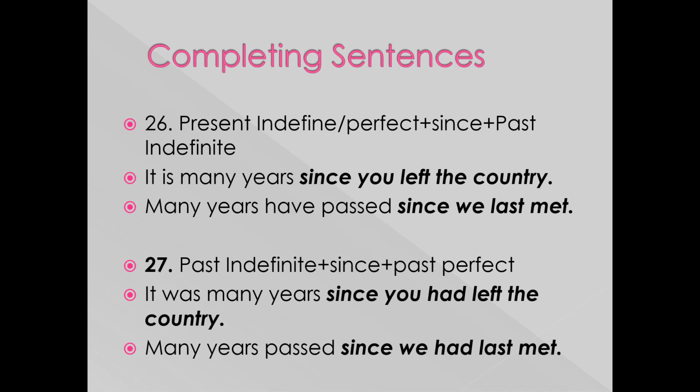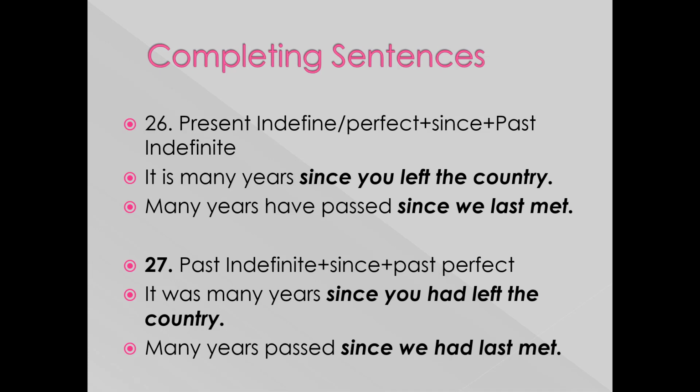Okay, remember like these examples. It is many years since you left the country. So before since the tense is present indefinite, and after since we have used you left the country, that means left, past indefinite tense, right? So present indefinite, since, past indefinite, like this.